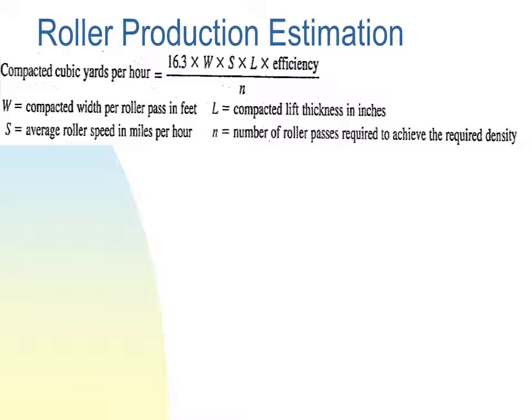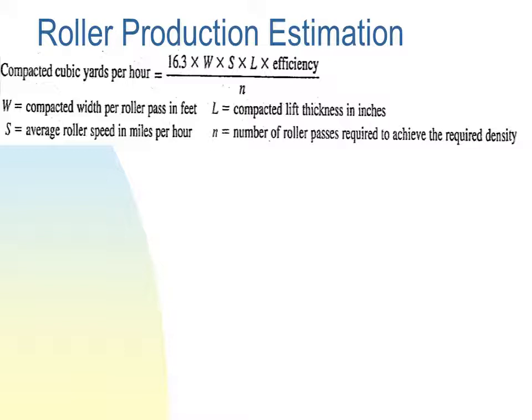And efficiency is a ratio, N is a number. So now I'll get cubic meters per hour. Very simple, without any need to have a conversion factor included.